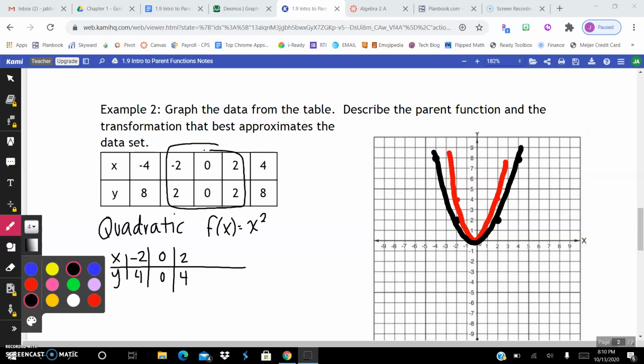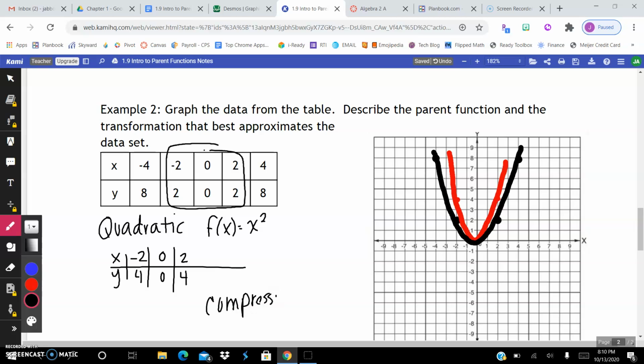So it looks like it's cut in half, and our factor is a half, so our compression with a factor of 1/2. And that was a vertical compression. I guess we need to clarify that as well.